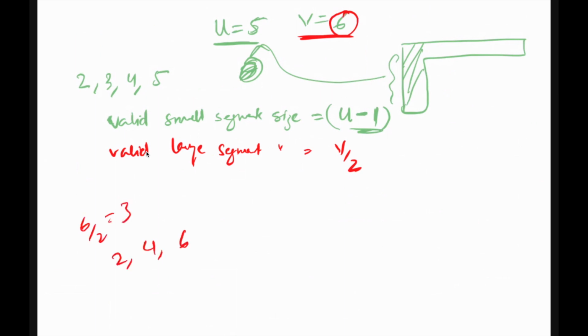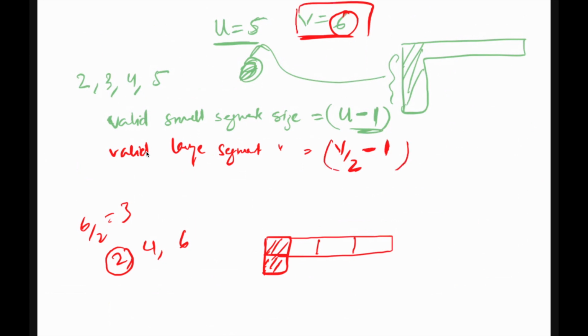But we cannot have a larger segment of size 2, because 2 is the minimum possible size of the smaller segment, and the larger segment size should always be twice the shorter segment. So it should always be greater than or equal to 4. So v by 2 minus 1 is the total number of valid larger segment sizes from this v.